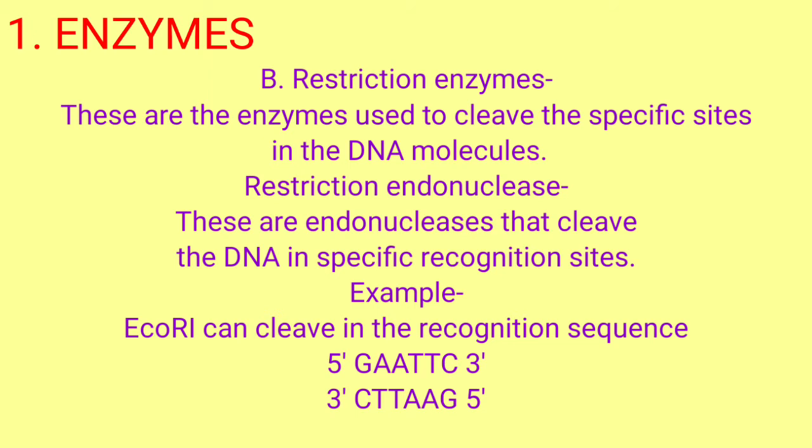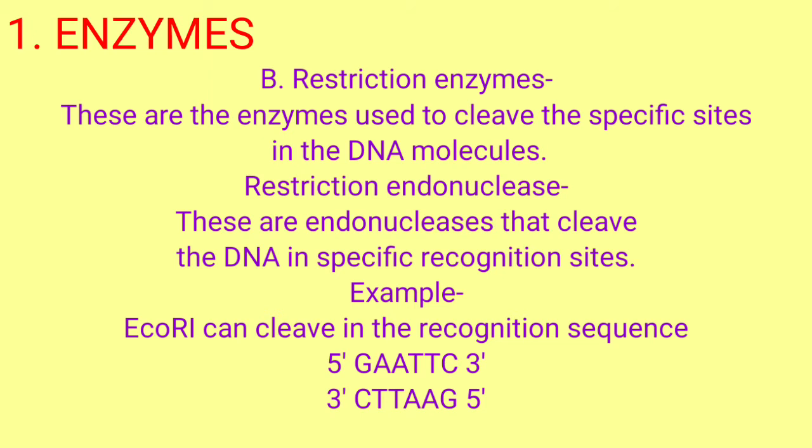As I have given you the example of EcoRI, here you can go to the recognition sequence, that is GAATTC, and that is only one part of the DNA, from 5 prime to 3 prime.